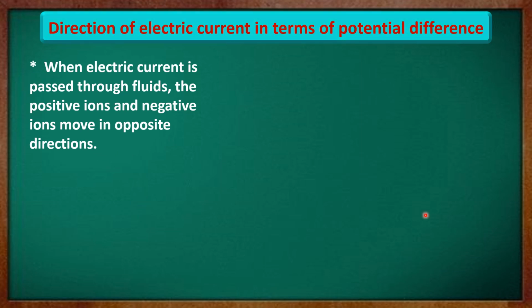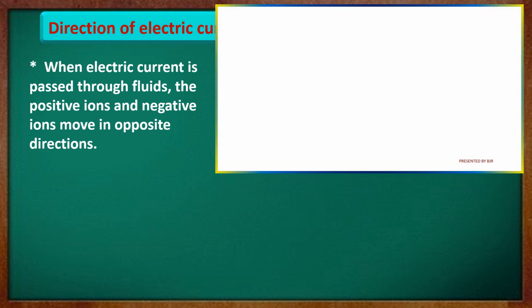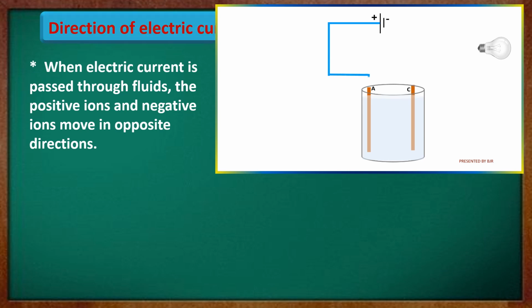Here you can see a battery and here is the copper sulfate solution in which I am inserting 2 electrodes, and I will connect the battery to the electrodes. This is anode and this is cathode, isn't it? So the positive terminal is connected to anode and the negative is connected to cathode through a bulb.